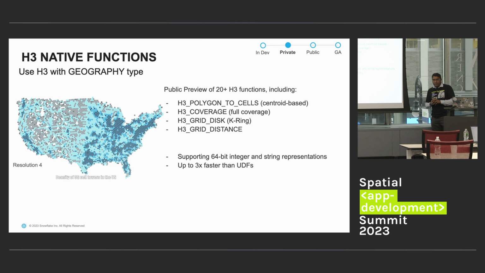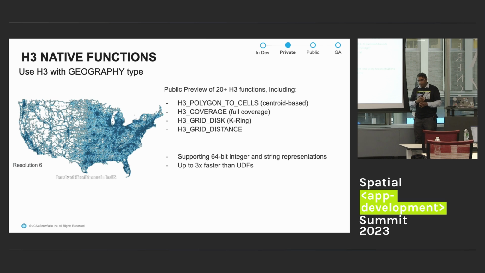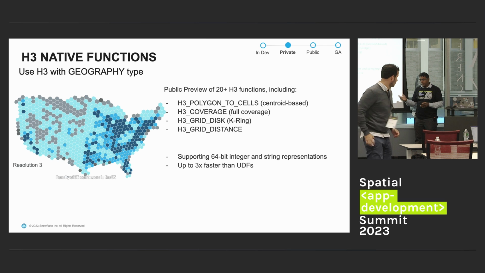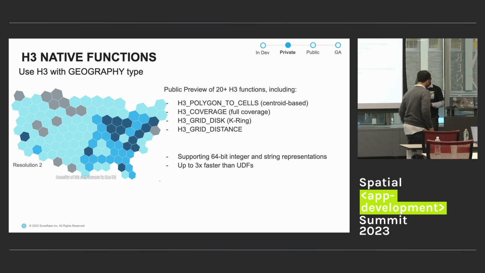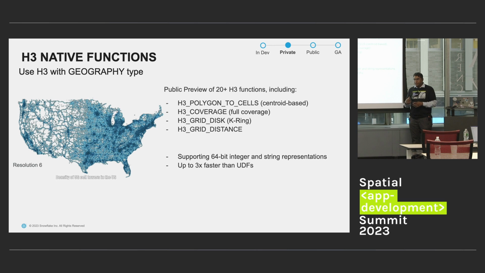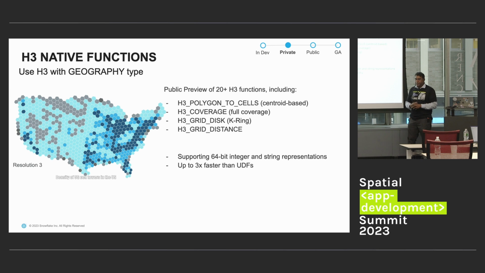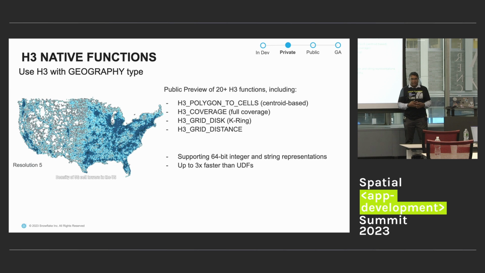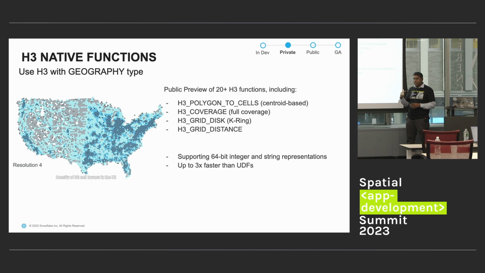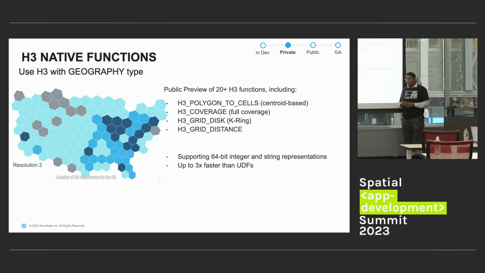And over the course of many months, Kato has been offering the H3 based solution through their analytical toolbox. And in conjunction with Kato, we have now built the H3 capability into Snowflake natively.